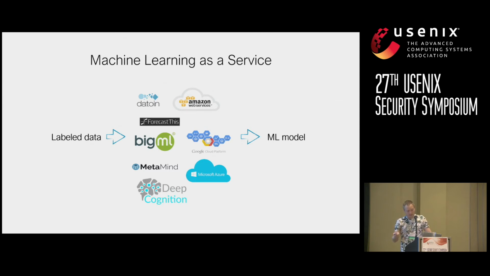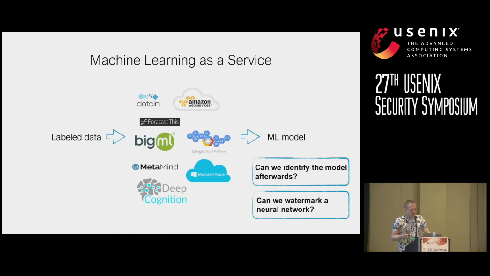Just as one example, or in general, you want to make it traceable if other people use your model that you generated at some point. So the question that we asked for this work was, can we identify a model after it has been trained and distributed to other people? Or more generally, is it possible to watermark a neural network?